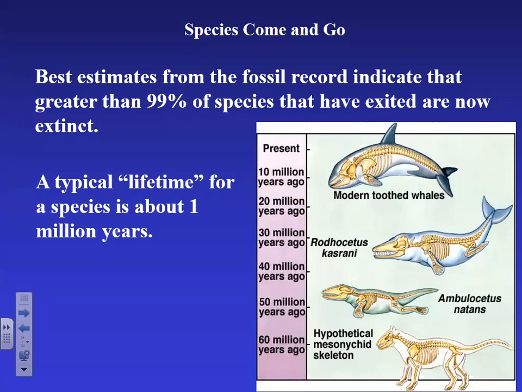So a typical lifetime for species, like I said on the last slide, is about 1 million years, between 1 and 10 million years. So if you look at hominids, they have been around for about 1 million years. Not to be scary or crazy, because humans have different rules when it comes to these types of things, but the Homo sapien species, if it followed that rule, would kind of be in that ballpark.